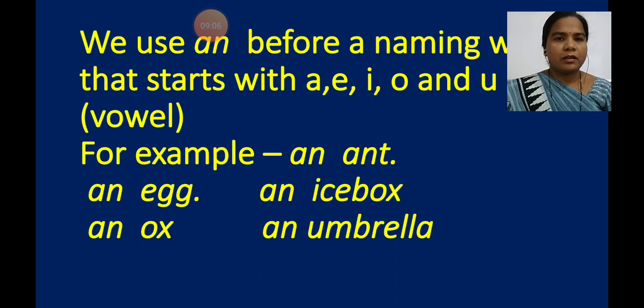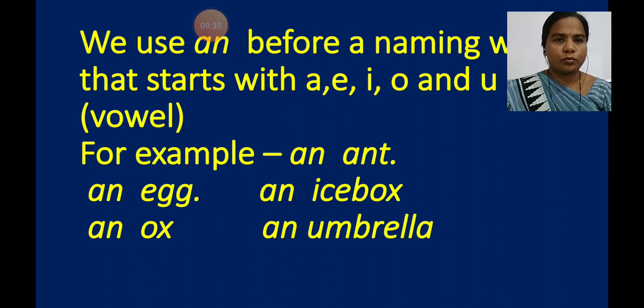Next one, an ox. O is a vowel sound. So for that reason, we have to use an before that. The last one, an umbrella. See children, umbrella has started with which letter? U. So for that we have to use an before that word.